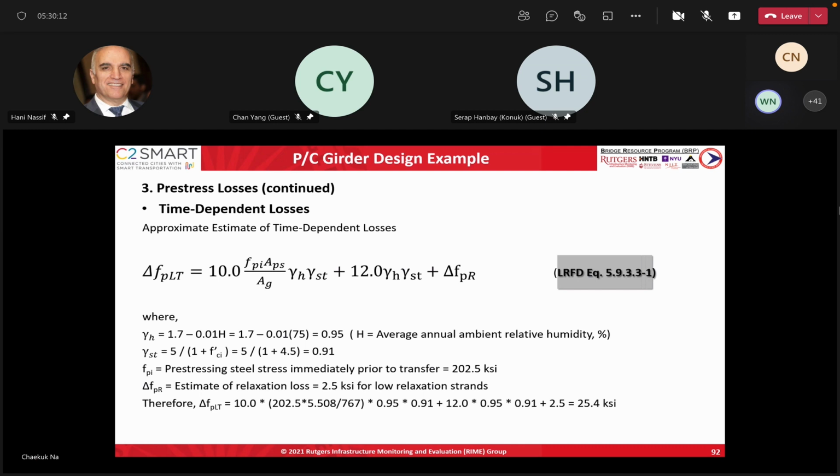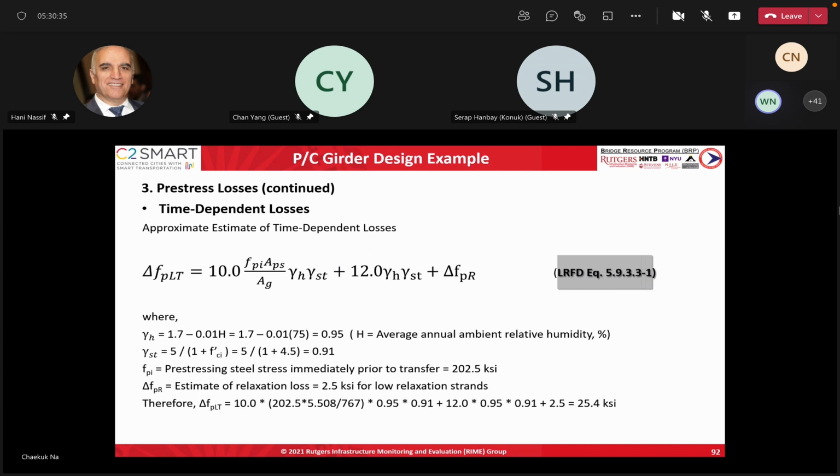Each one has its own formula. These parameters, gamma H and gamma ST, are dependent, the first one on the relative humidity, which we can get based on the site. It was 75% in our example, and gamma ST depends on the concrete strength at the time of transfer.